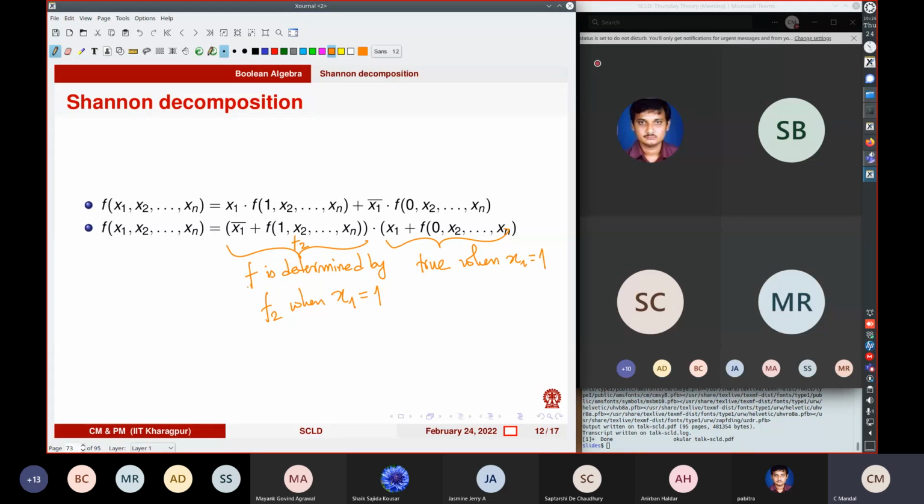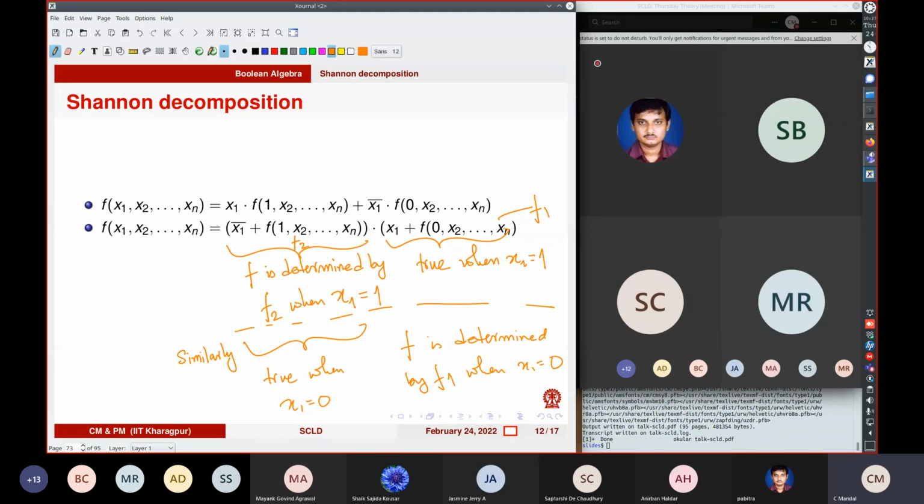And similarly this part is true when x1 is equal to 0, and here f is f1. So you can express it in both forms.